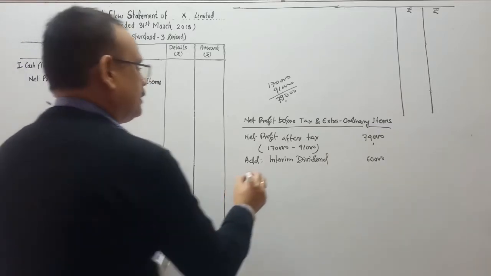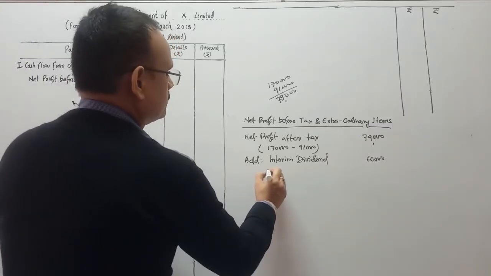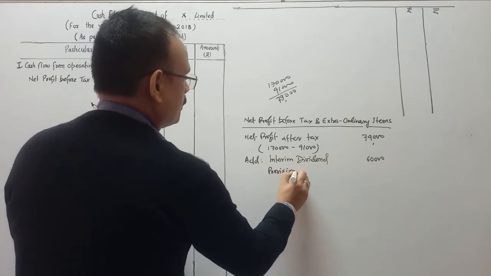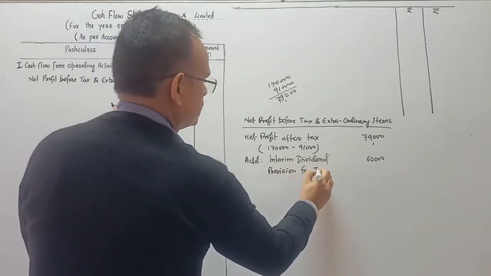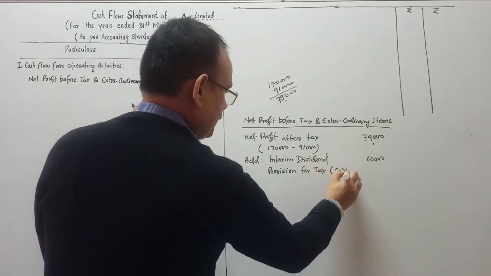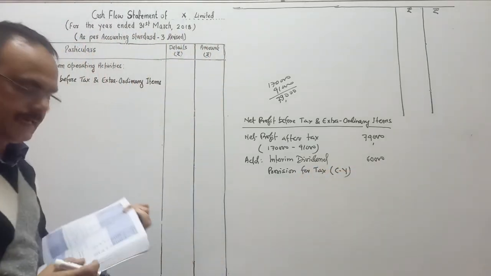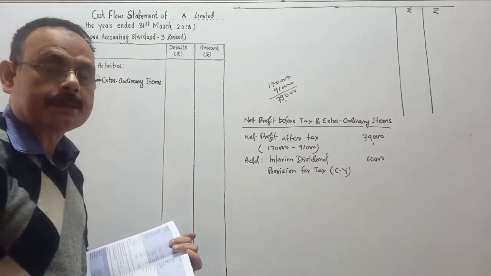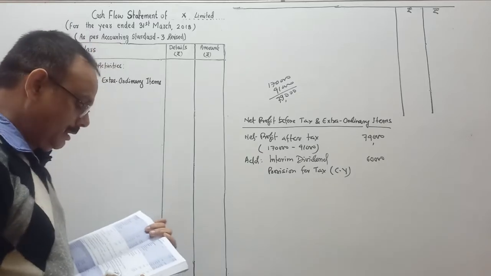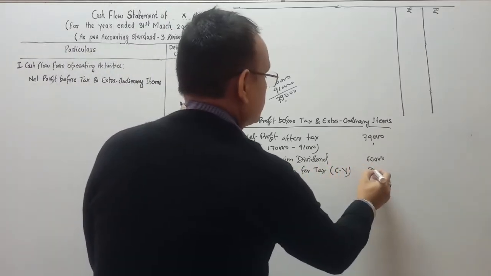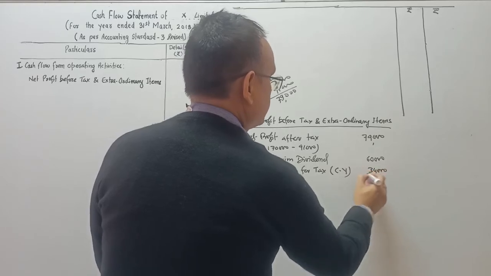So we will add. Then we will add the provision for tax made during the year, for the current year. Provision for tax information is given in note number 2. Provision for tax for the current year is 34,000. So you add the provision for tax of the current year.